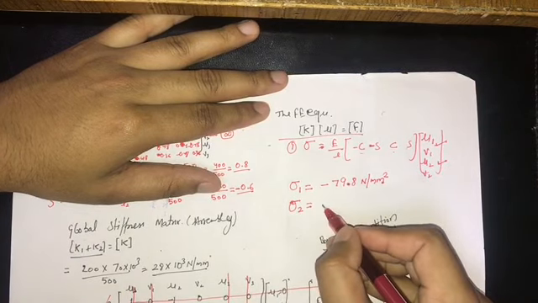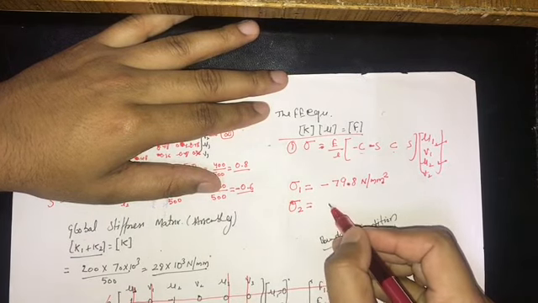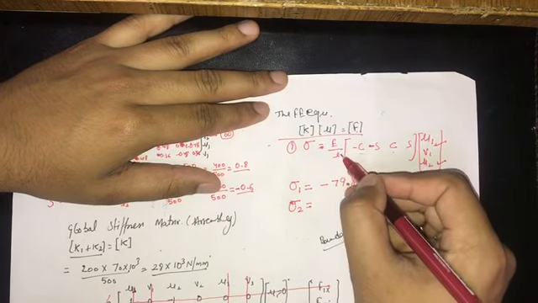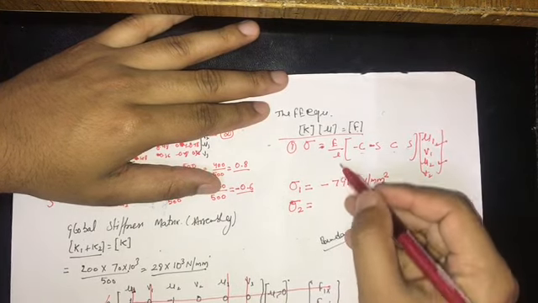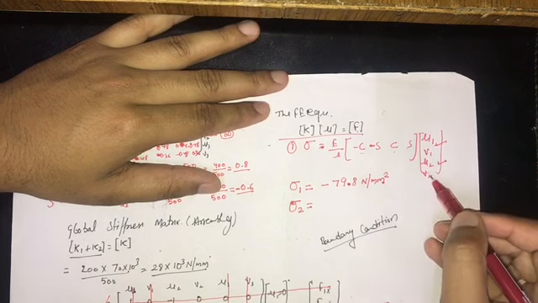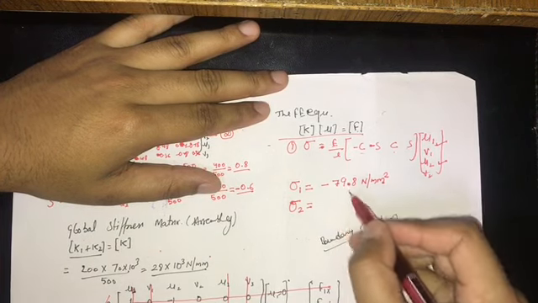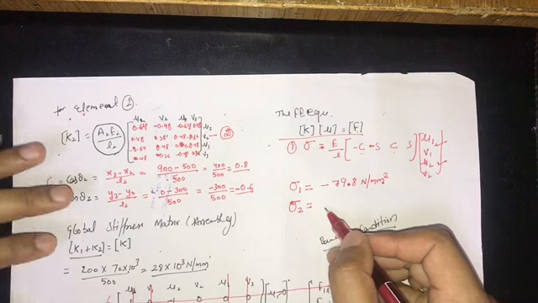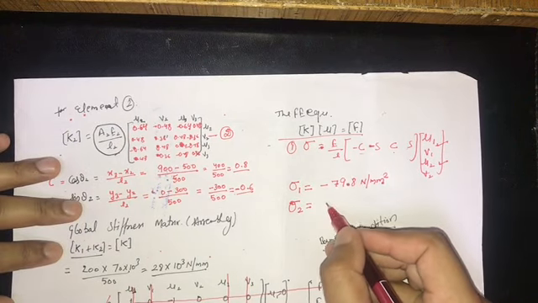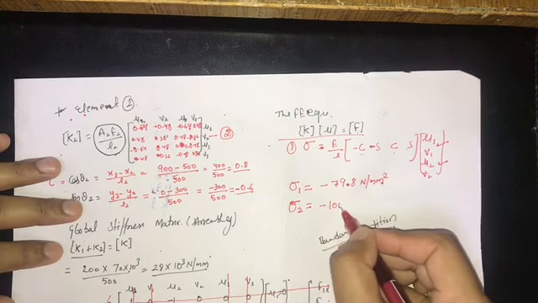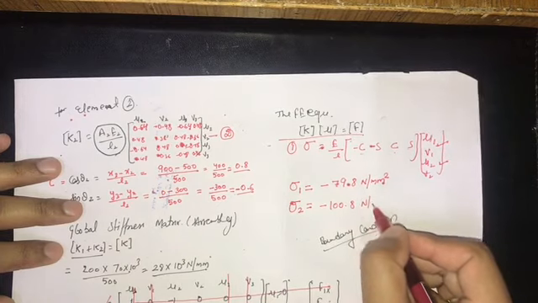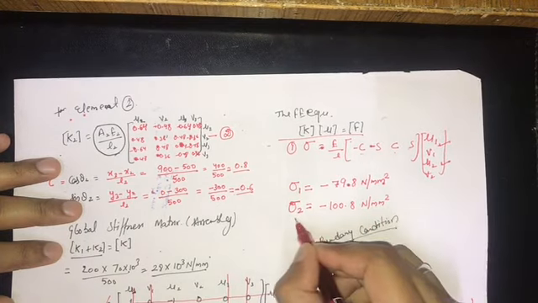Similarly for sigma 2, with E2, L2 and U2, V2, here the value comes to be minus 100.8 newton per millimeter square.